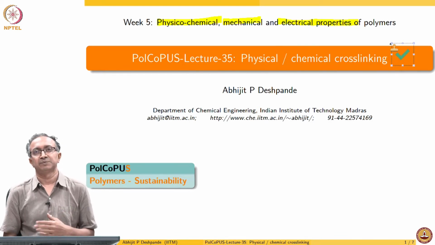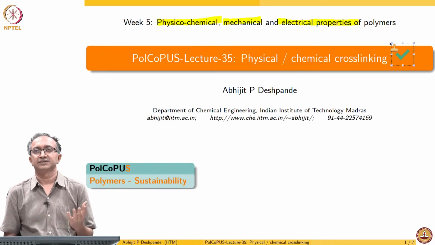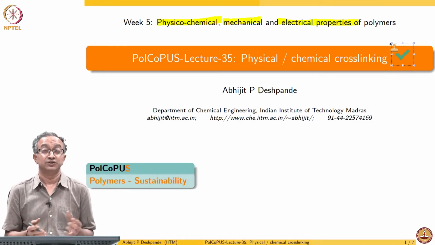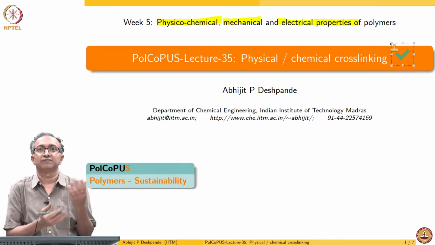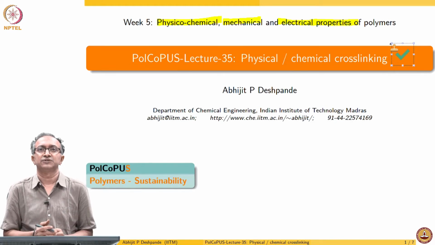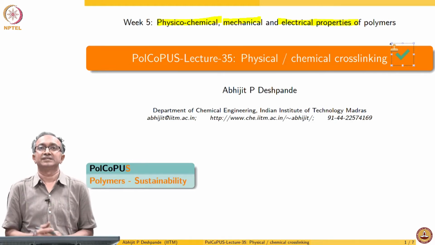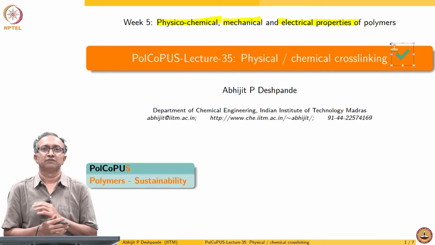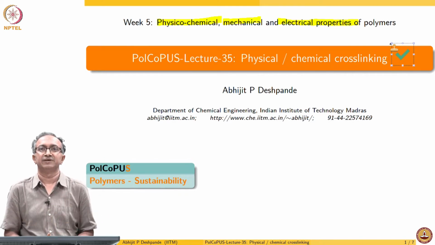So, for example, any sealant application, any gasket application, is a material which is going to be cross-linked material. Similarly, for electrical insulation, polyethylene we think of as a grocery bag material, but for high voltage electrical insulation, it's cross-linked polyethylene, which has the right amount of hydrophobicity because of only CH2, CH2, CH2 everywhere.